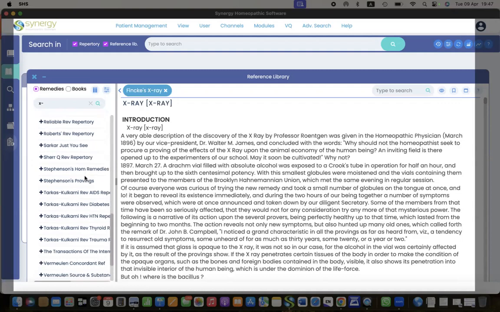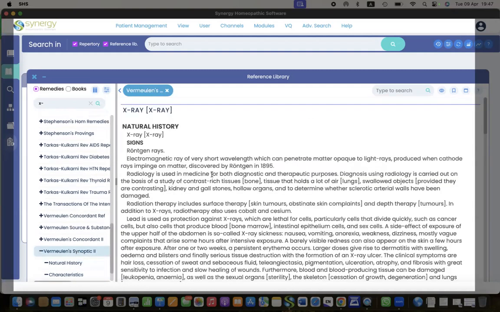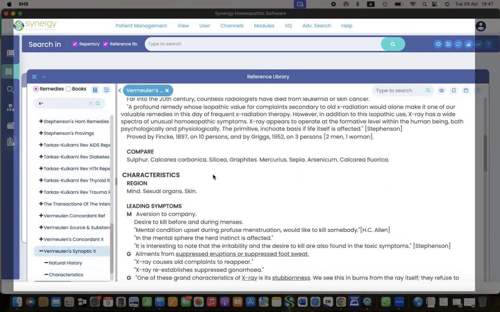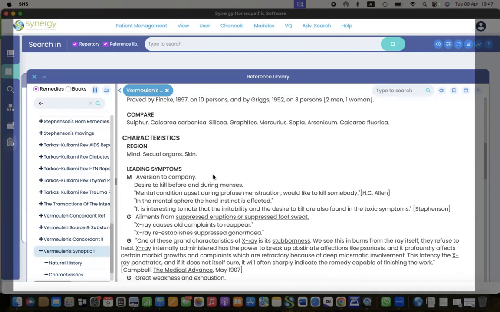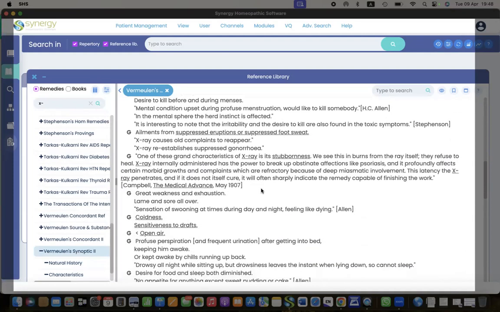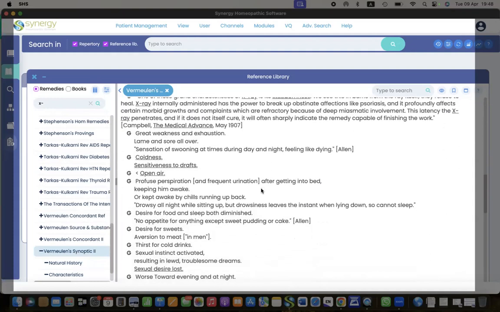But let's look at the summary of it. Vermeulen synoptic. Aversion to company is something that also comes up thematically in some other of the light remedies. Desire to kill before and during menses. Stubbornness.